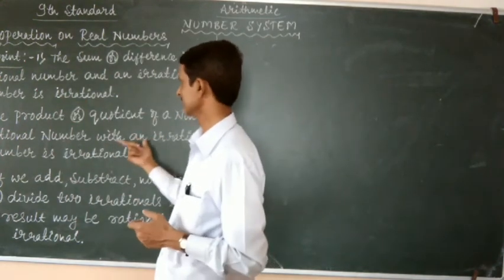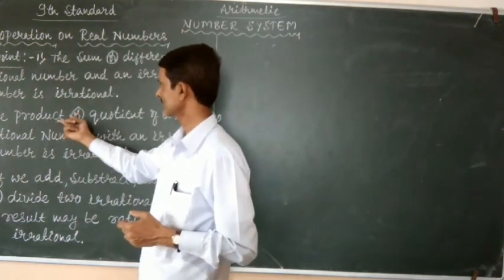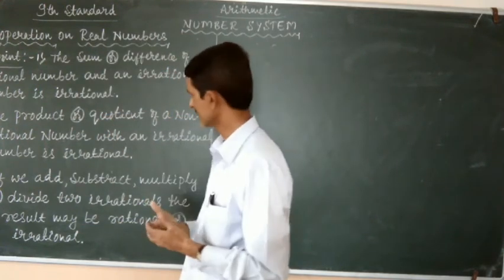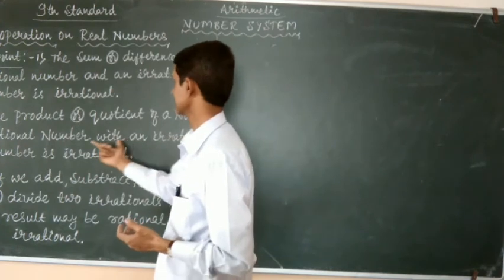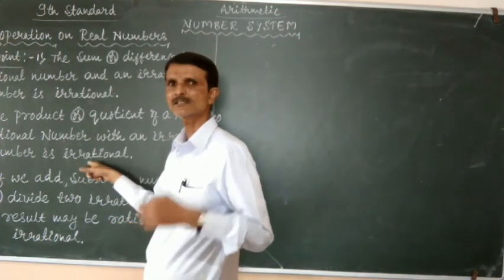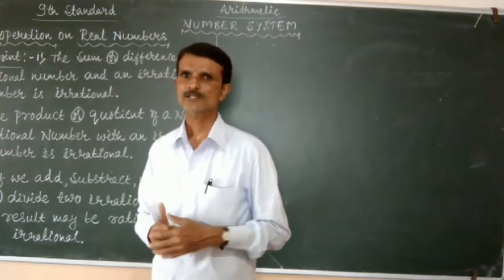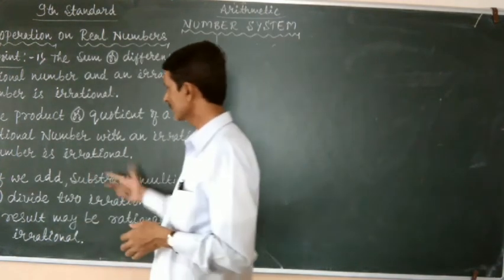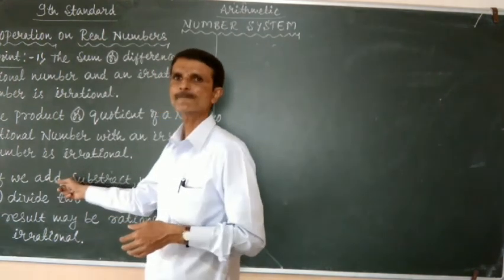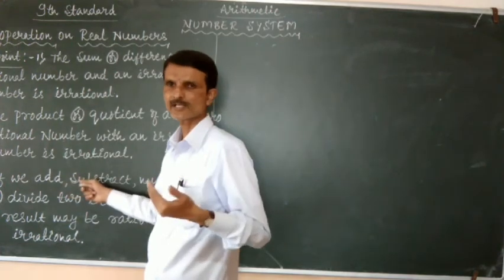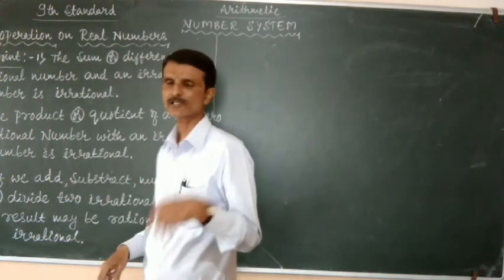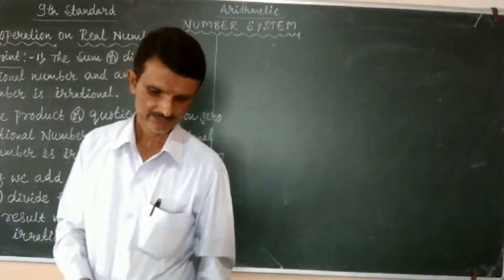In the second point, the product and the quotient: if you multiply or divide a rational number with an irrational number, the result will be an irrational number. Whereas if both are irrational numbers and you add, subtract, multiply or divide, you will get either a rational or an irrational number.